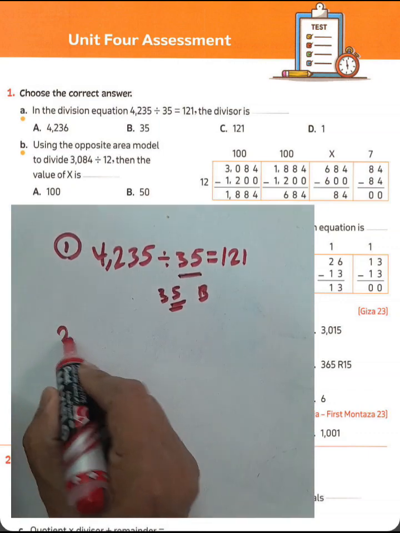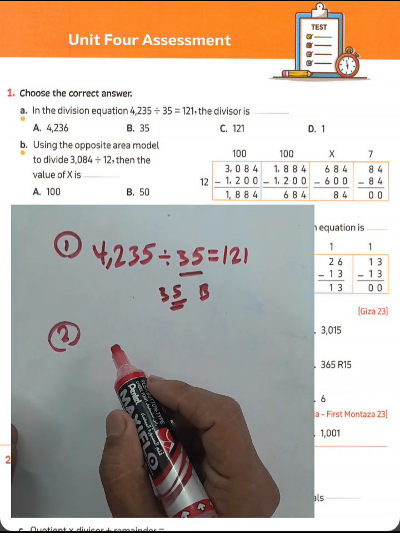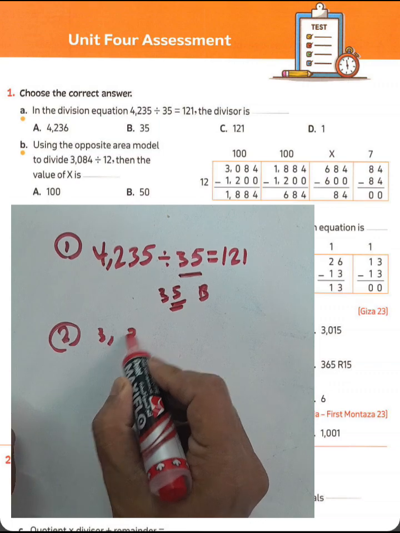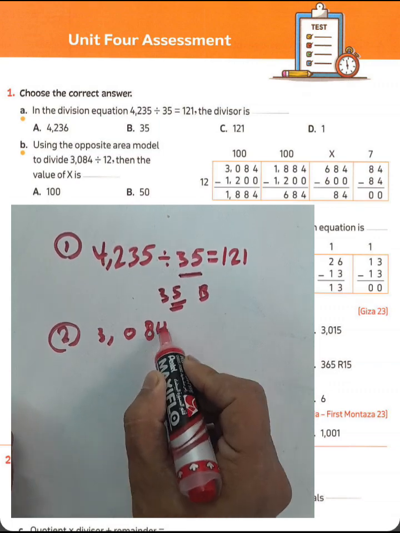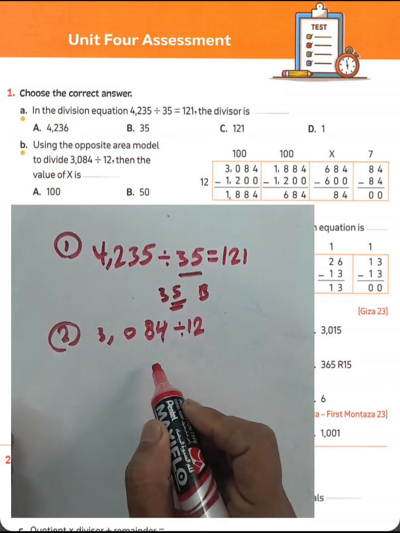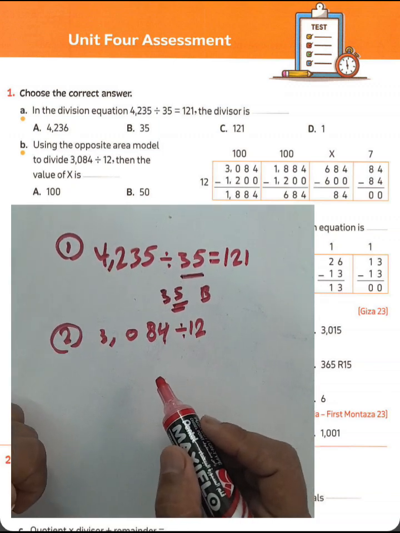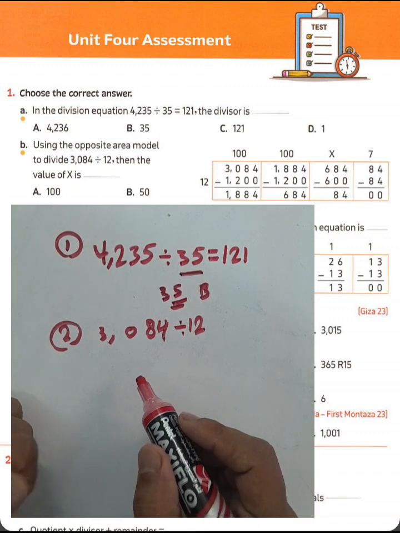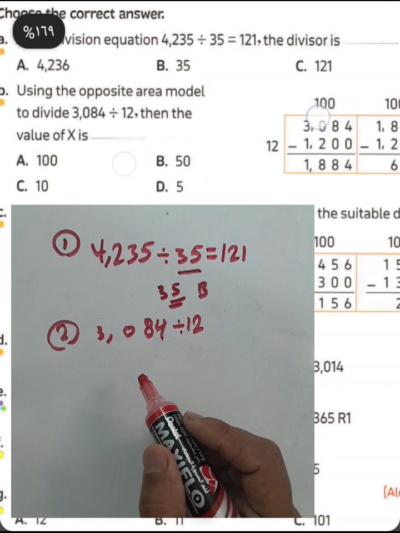Question number 2. Using the opposite area model to divide 3084 by 12, find the value of x. The value of x equals what? Okay, look at the area model here.